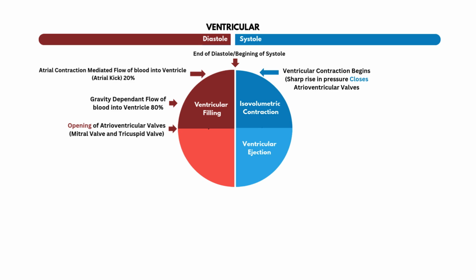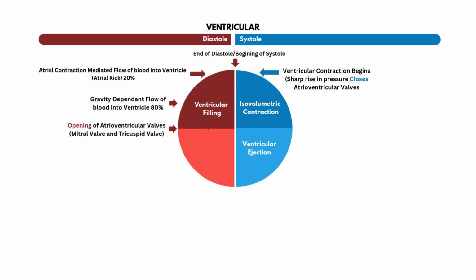In the isovolumetric contraction stage, pressure rises sharply. The moment ventricular pressure exceeds atrial pressure, the atrioventricular valve slams shut. That's what forms the S1 sound, the lub sound we hear. Note the name, isovolumetric.